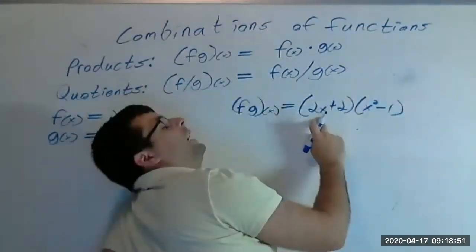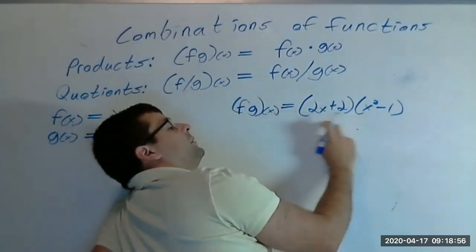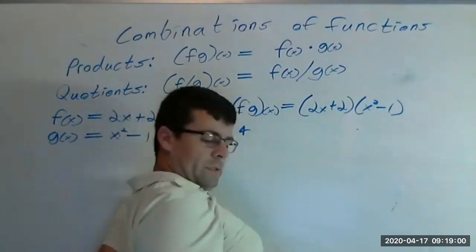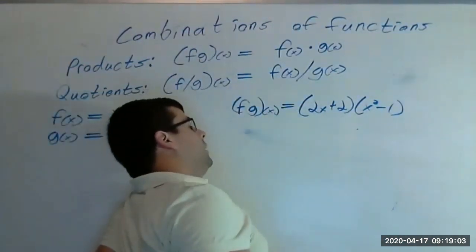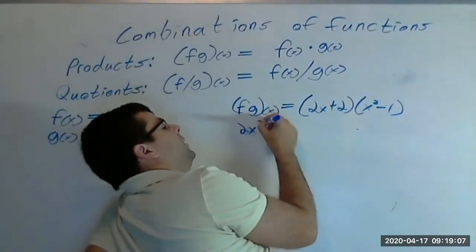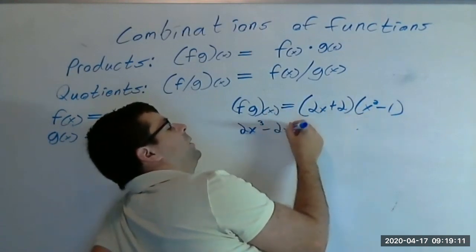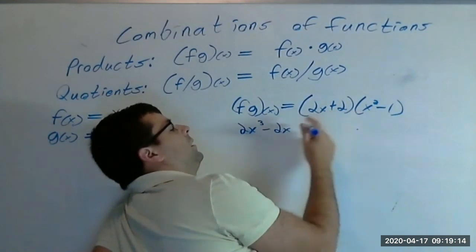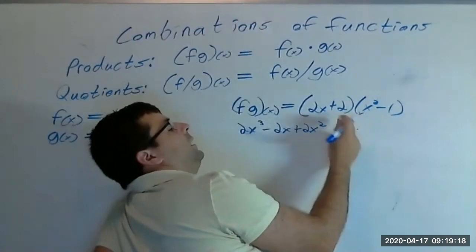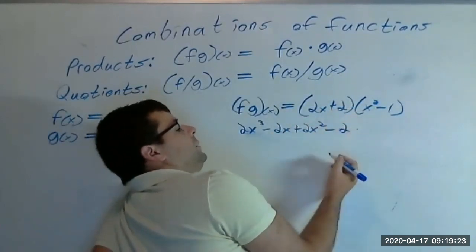So it's just f of x times g of x. So we FOIL it first. Gives us 2x cubed, outer minus 2x, inner plus 2x squared, last minus 2.